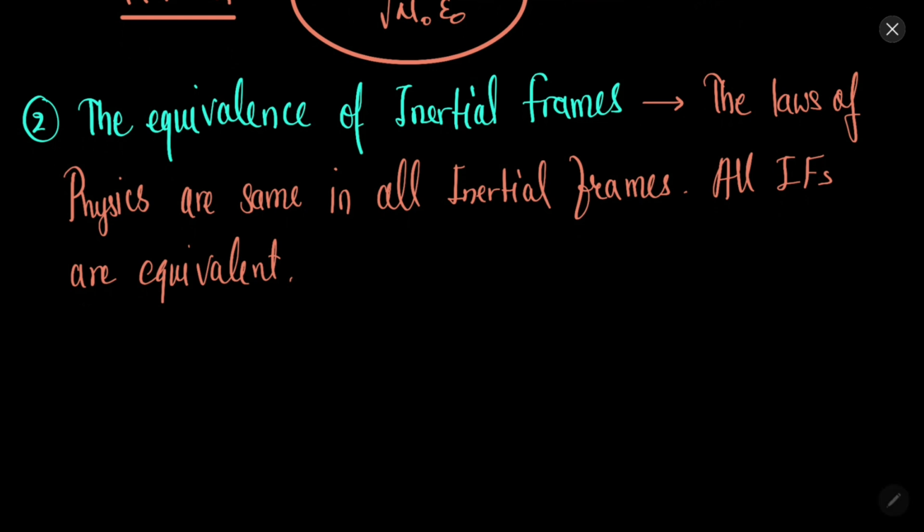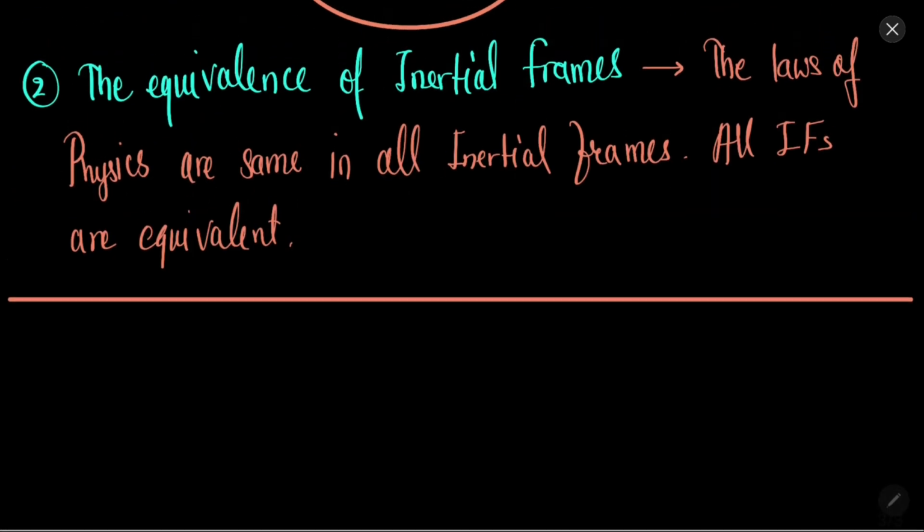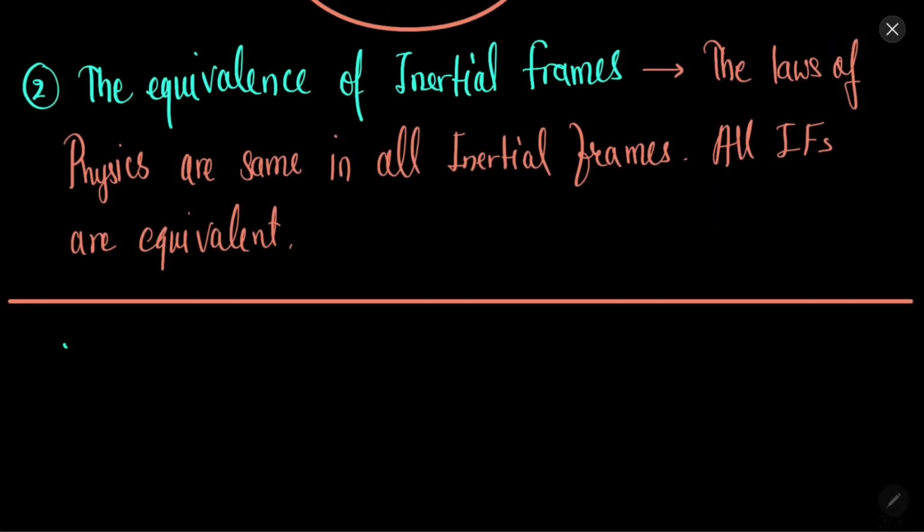So after this, let's understand various formulas that we have for finding out the different velocities, time periods, different situations in the case of special theory of relativity. In order to understand this, we need to understand the Lorentz transformation.